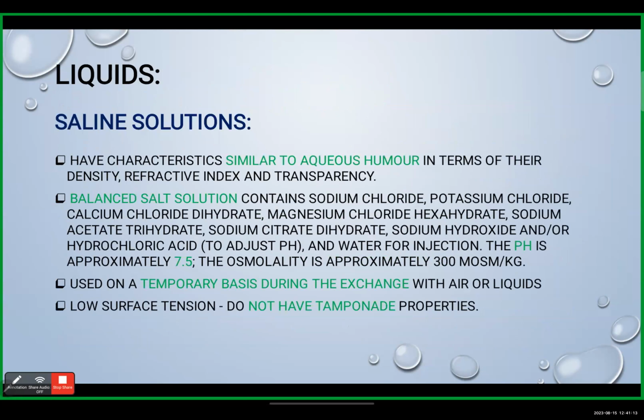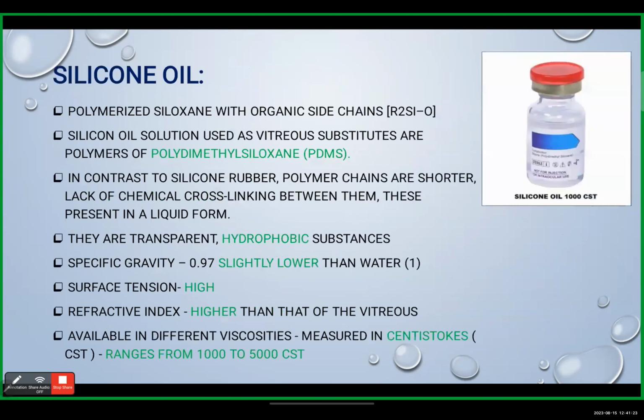In liquids, we have saline solution, balanced salt solution, which is similar to aqueous humor, and it does not provide any tamponade effect. So we use it on a temporary basis during exchange. Second, most commonly we use silicone oil. The most commonly used silicone oil is polydimethylsiloxane, PDMS, which is a transparent and hydrophobic substance and has specific gravity slightly lower than water and has higher surface tension and refractive index than normal vitreous.